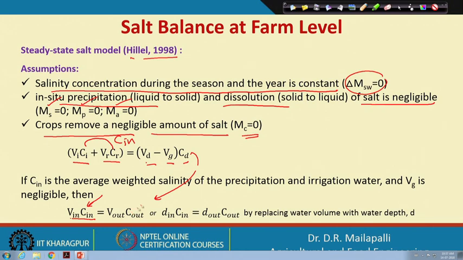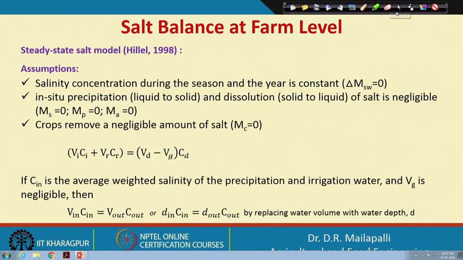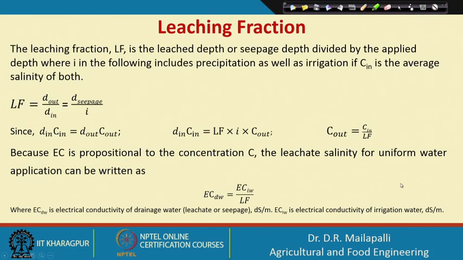Because Vg is negligible, V d is simply the drainage outflow. You can also convert volume into depth units, since the form is the same in both cases. So, d in C in equals d out C out.